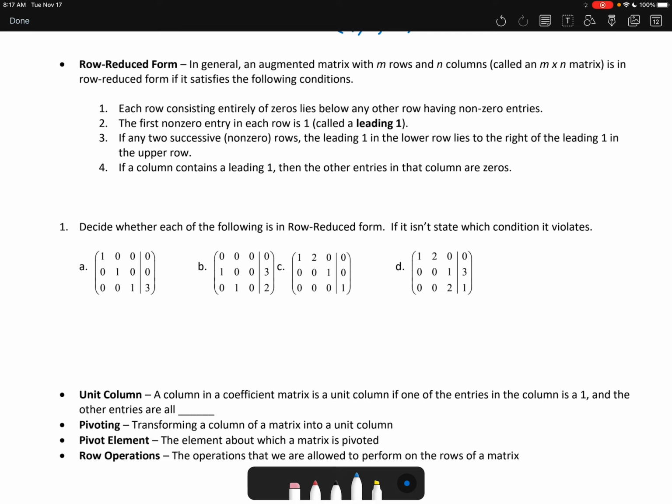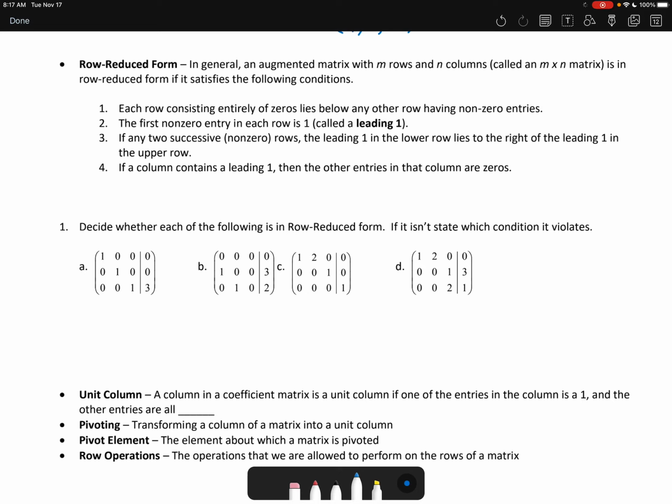Rule number 1: each row consisting entirely of zeros lies below any other row having non-zero entries. So if you do end up in the process of your work getting a whole row of zeros, it has to go on the bottom. That basically means it was a duplicate of another row and it was unnecessary, so we just put it on the bottom.